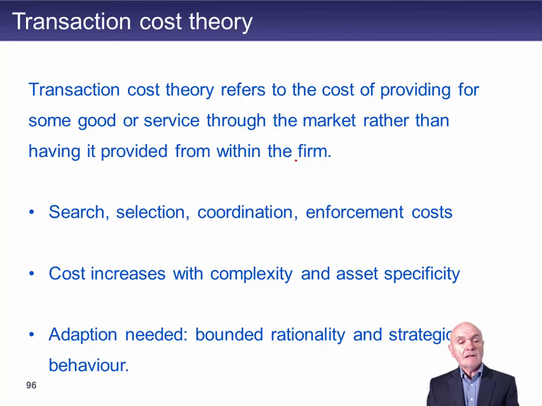And then there's going to be some adaptation as things go on. Basically, we have the following. There is bounded rationality. What we mean here is you pick your outsourcer and they look at what you want, and you try to communicate as best you can what's going to be supplied and what's needed, but you're not going to get it right. That's what bounded rationality is.